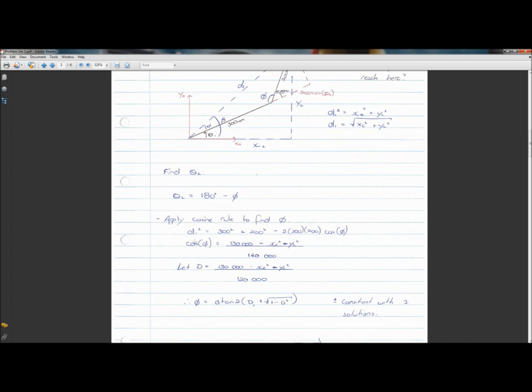Now you could just take the inverse cos of this, but you generally want to use atan 2 in robotics, because atan 2 gives you an angle between pi and negative pi, the full 360 degrees, a full circle.